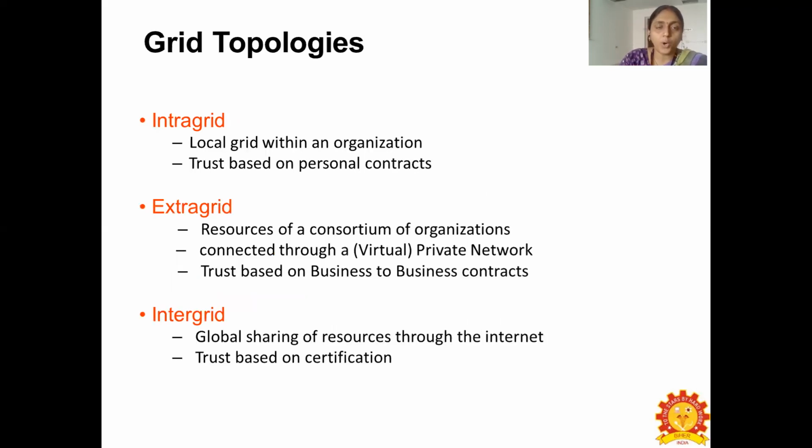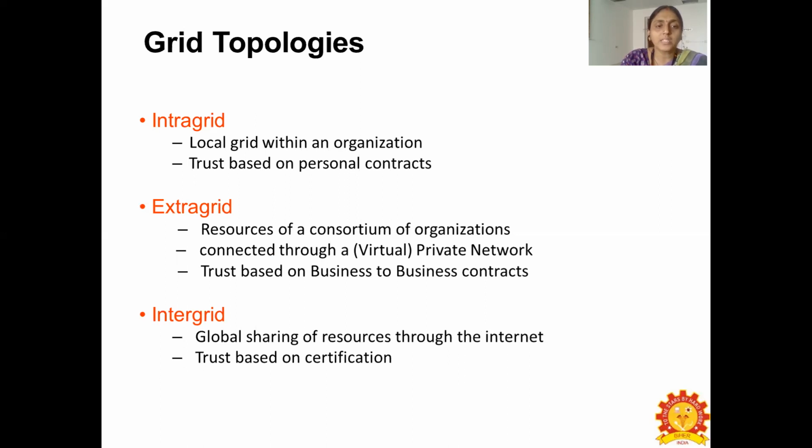And now we will see about grid topologies. So the first topology is intra-grid. Intra-grid is a local grid within an organization, and here the trust is based on personal contracts. The next topology is extra-grid, where the resources of a consortium of organizations are involved.